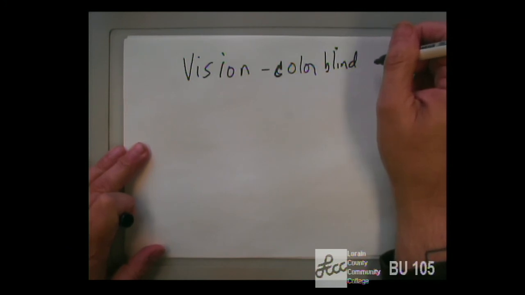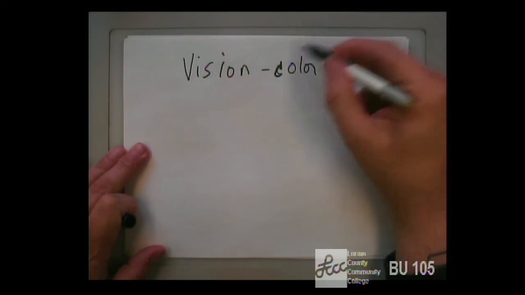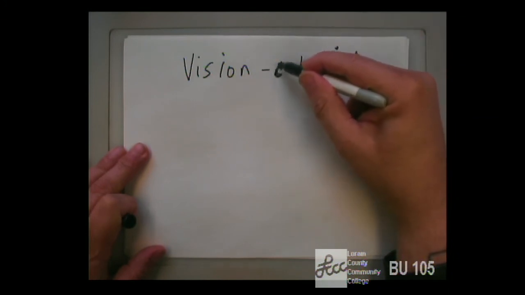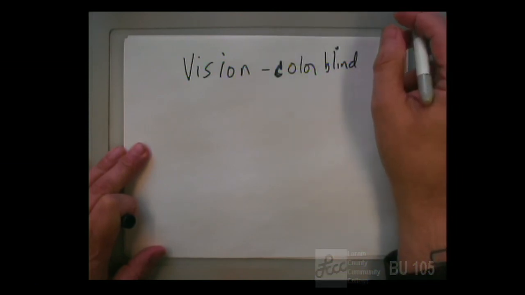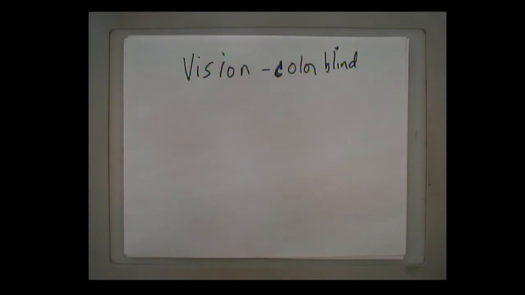That's not the case. At least it's not always the case. But you can have trouble distinguishing between different colors. All right? And that can affect your ability. If, for example, you say click the red button, what if the person can't distinguish what the red button is? Right? That can be an issue.